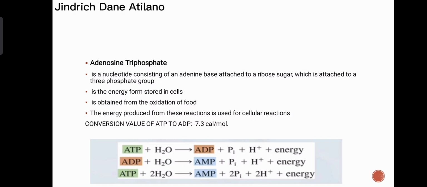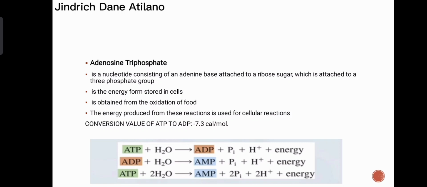Same with the AMP. If a free phosphate molecule is reattached, then it goes back to ATP. I will give you an example: think of it as the energy currency of the cell, like a battery.